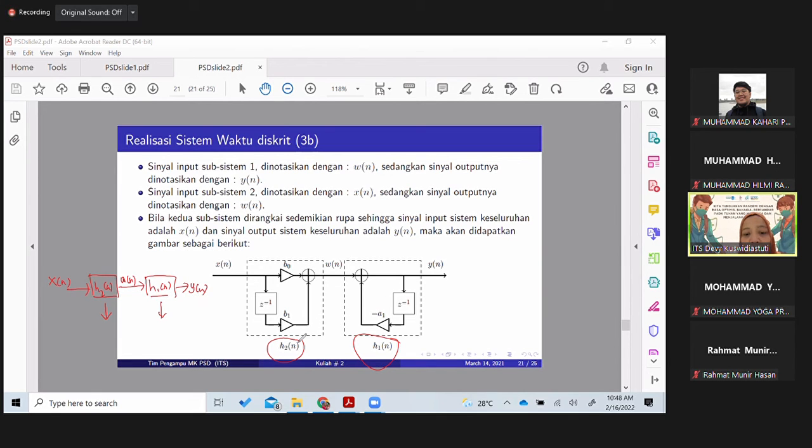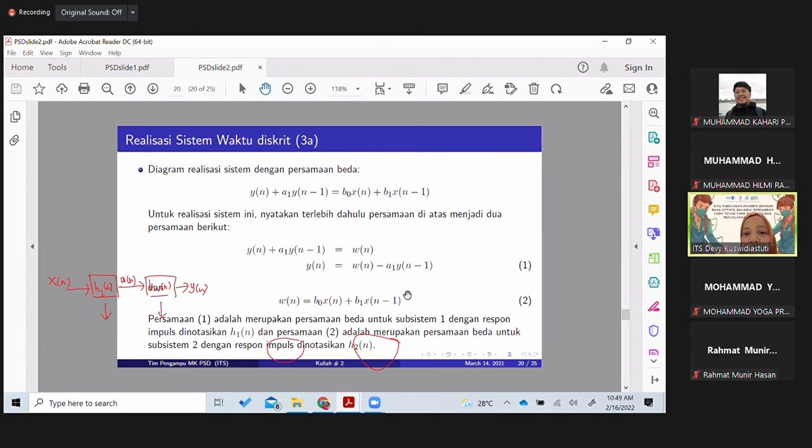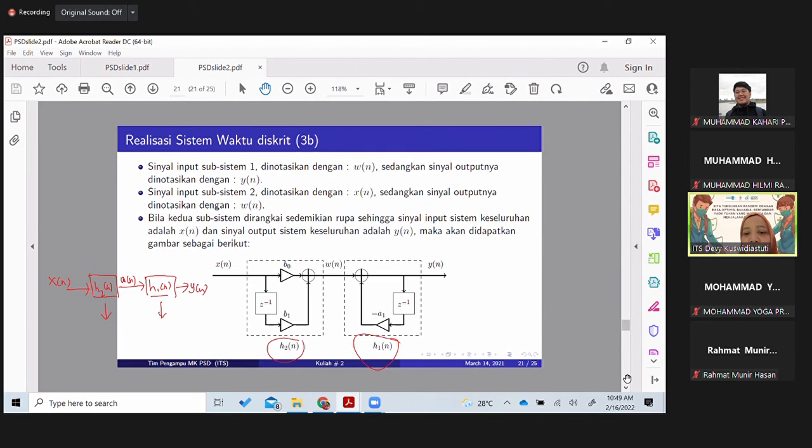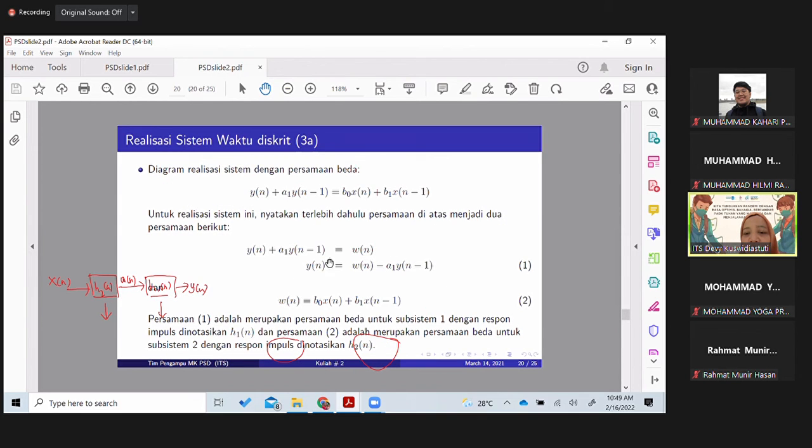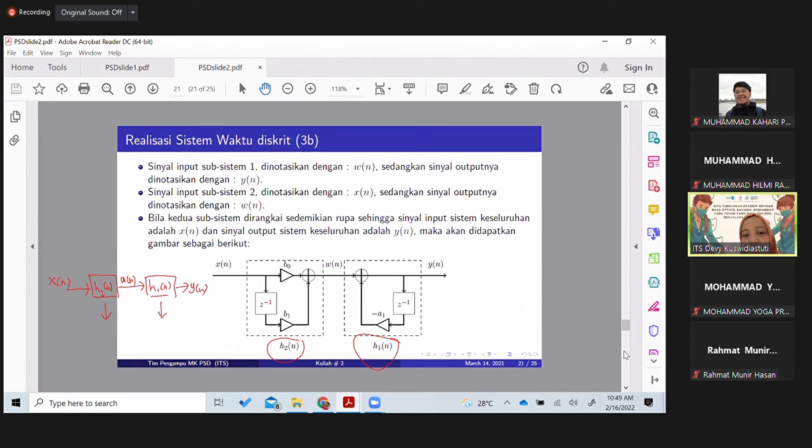This is related to the second equation on the previous slide, and H1n is related to the first equation here. I hope you could follow this.